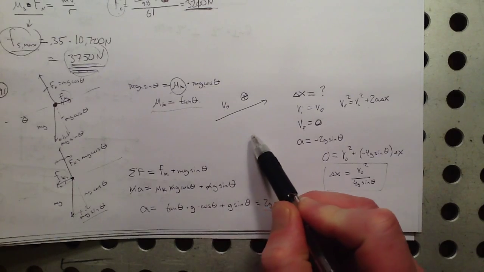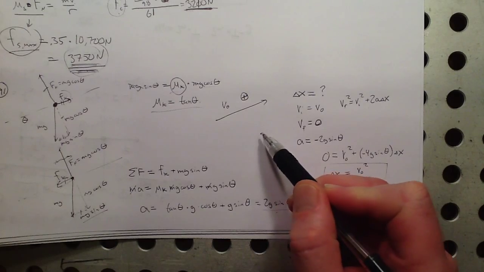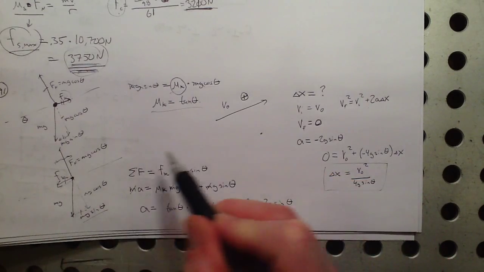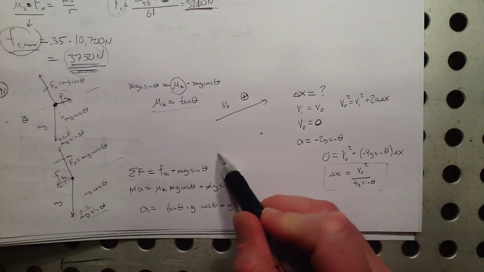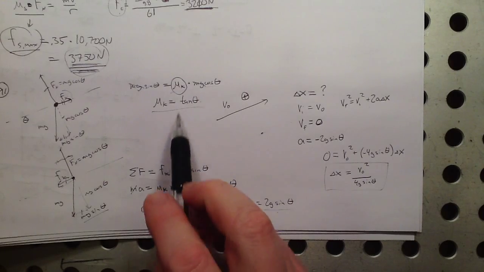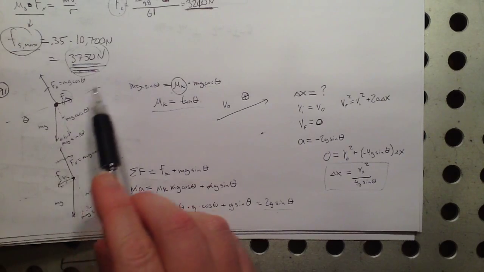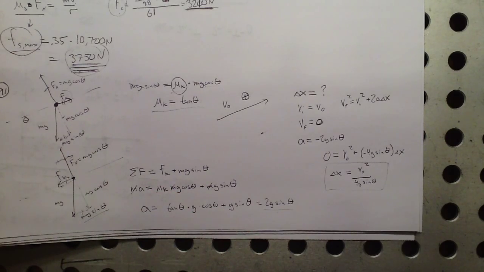So when it gets to the very top and stops just for an instant, static friction is going to take over if it can. And since the ramp is set at that angle where the forces are balanced, if the static coefficient is even the tiniest bit bigger than this, then it's going to stick, right? Because the forces were balanced here when it was sliding down the ramp.